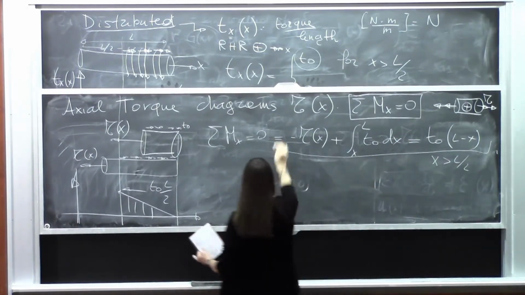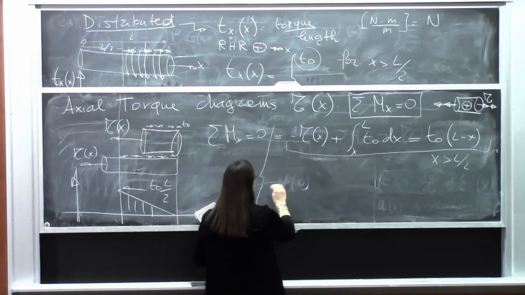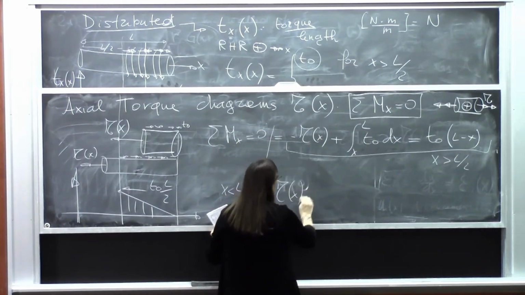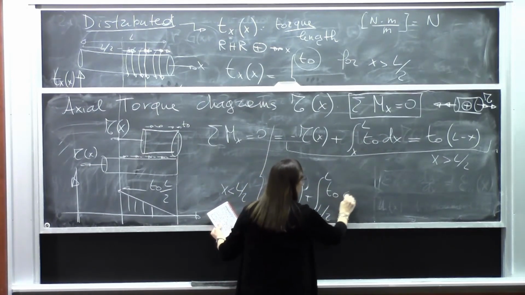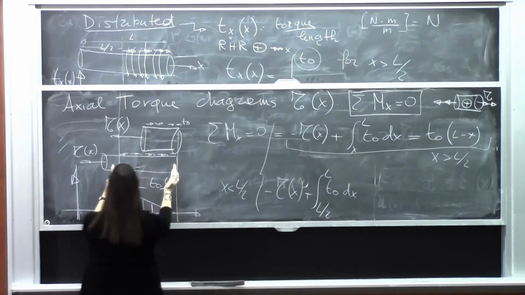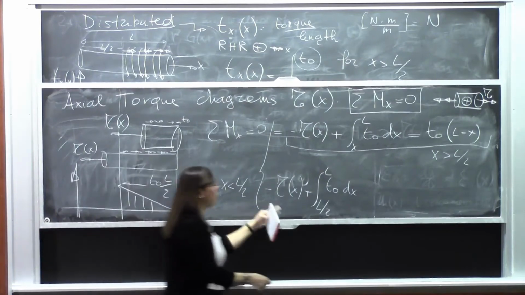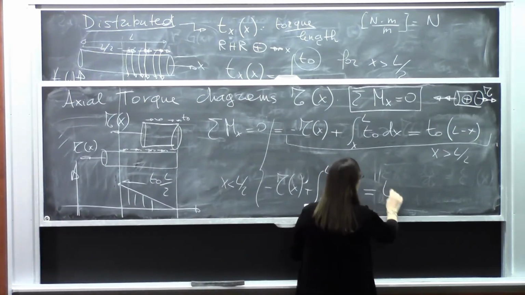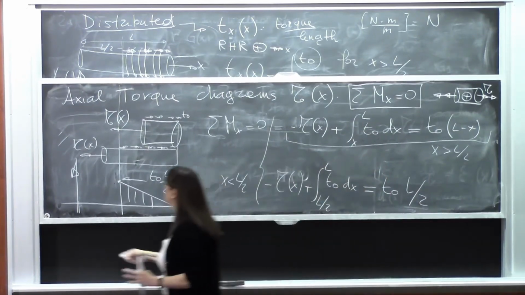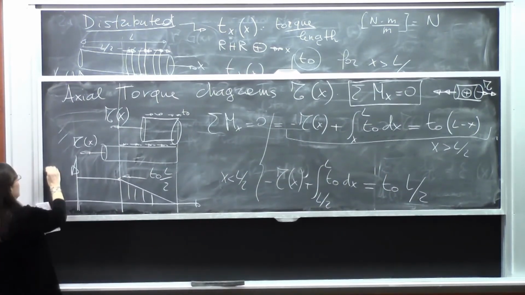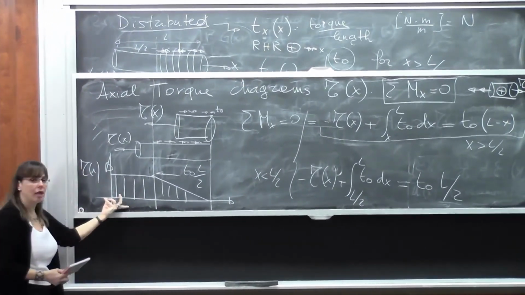If I'm at x less than L over 2, then I get minus T of x plus the integral only from L over 2 to L of t0 dx, because t0 only acts from L over 2 to L. There is nothing here. And so out of that, I get that this is equal to t0 L over 2, constant. So my torque of x will look like that.